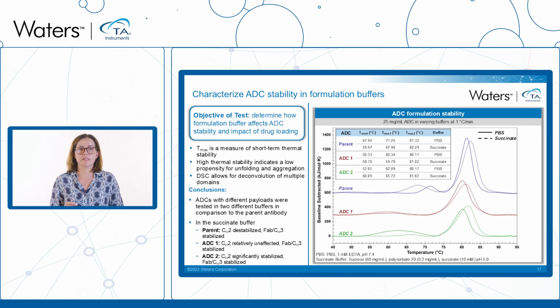Finally, for the second ADC, or ADC2, the first transition related to the CH2 domain is destabilized in PBS buffer relative to the parent antibody, but is also stabilized when switched to succinate buffer. Like in the case of ADC1, you'll also see that the second transition in ADC2 sees a slight decrease in stability for both buffers relative to the parent antibody.